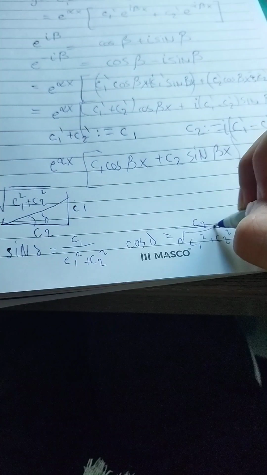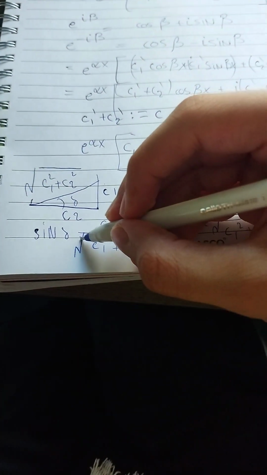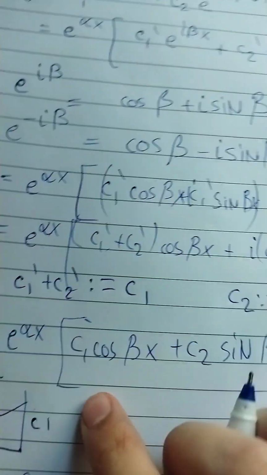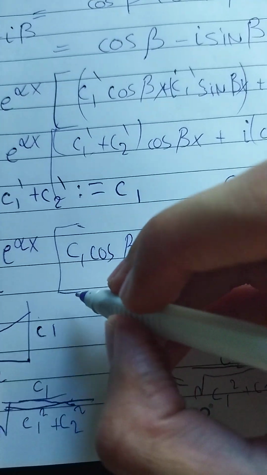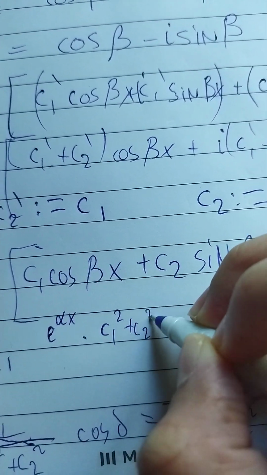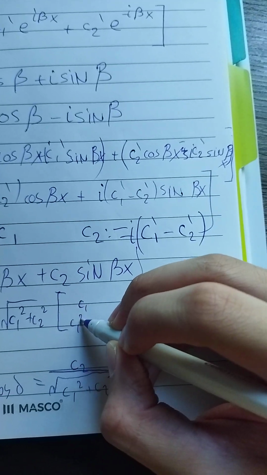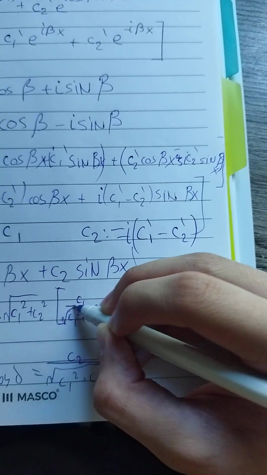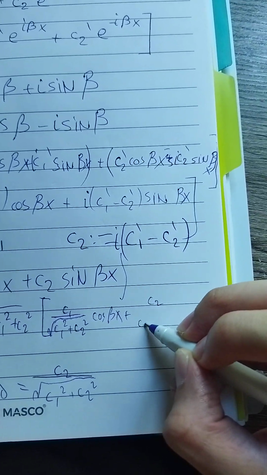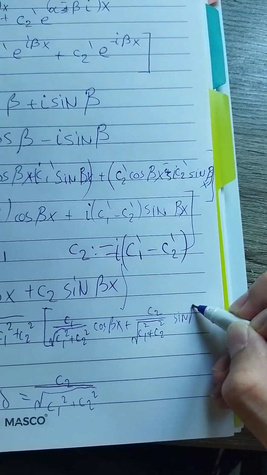So we can factor out the square root of c1 squared plus c2 squared, and we get e to the alpha x times the square root of c1 squared plus c2 squared, times c1 over the root cosine beta x plus c2 over the root sine beta x.